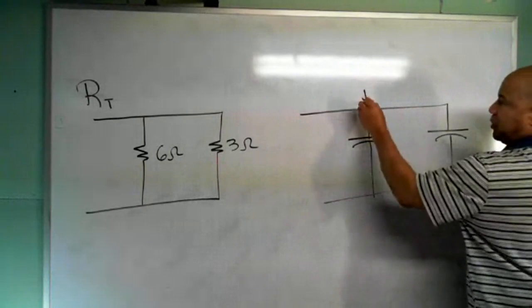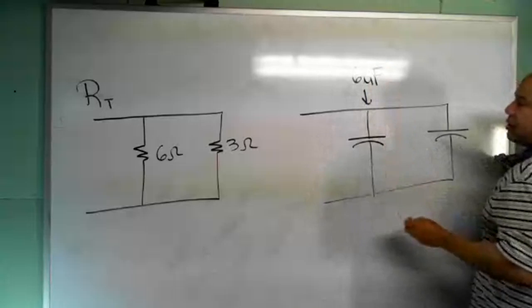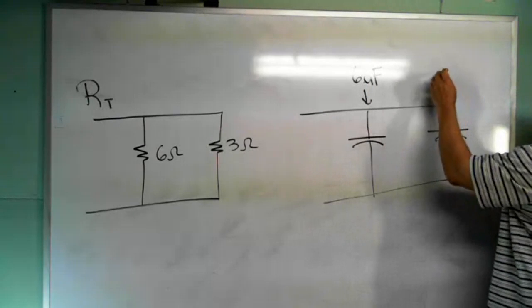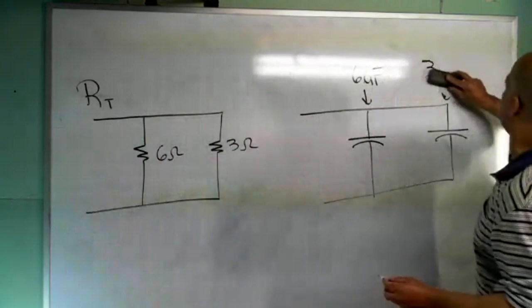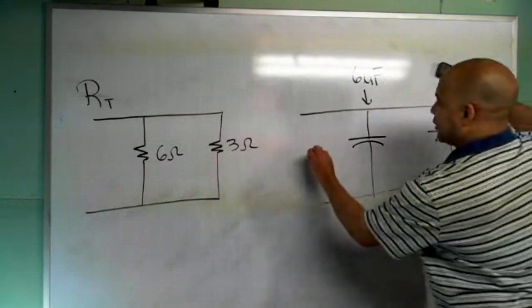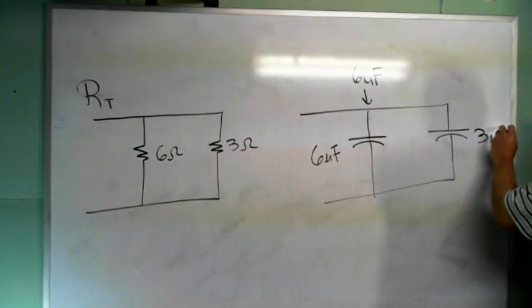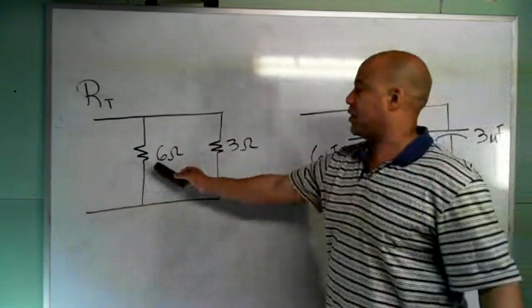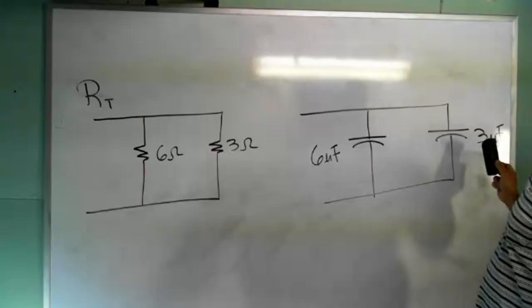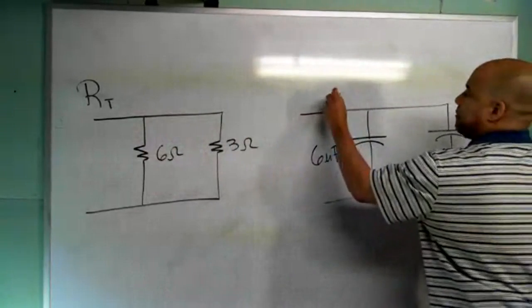This is 6 microfarads, because a farad is a big unit, and this is 3 microfarads. So I've got the same exact problem. Over here I use resistors, and over here I use capacitors. What I want to find is RT, and in this circuit I want to find CT.